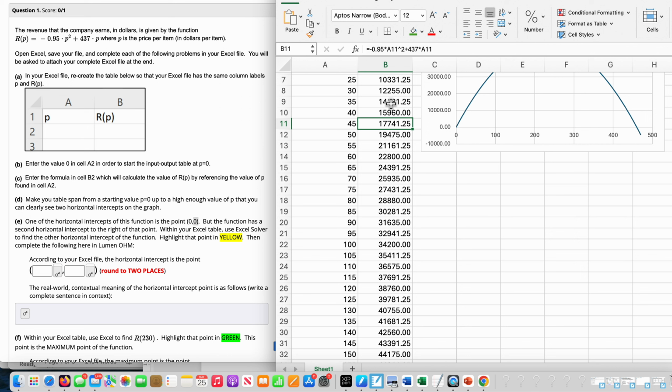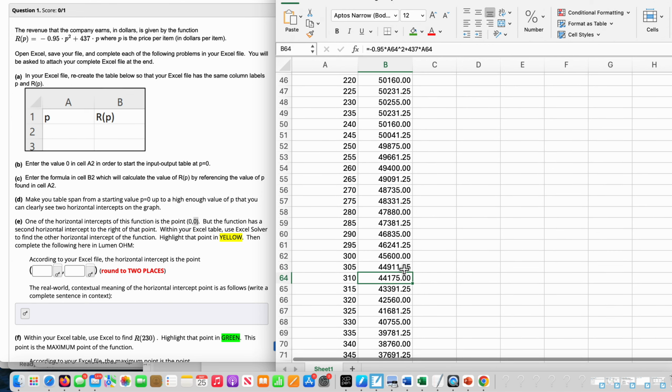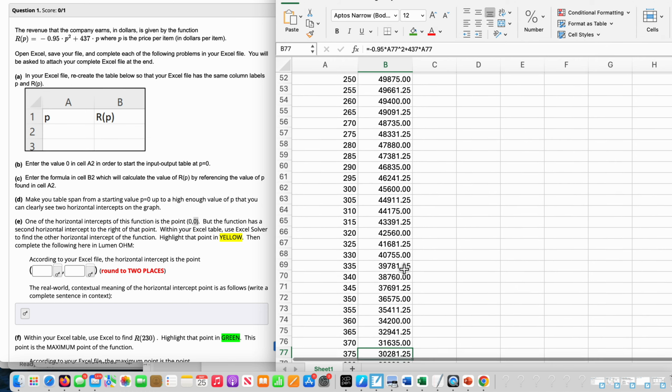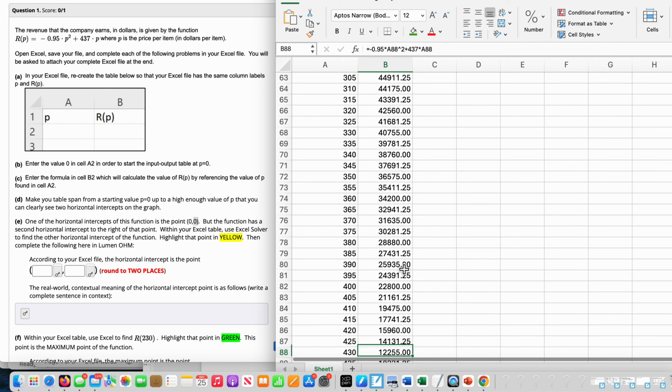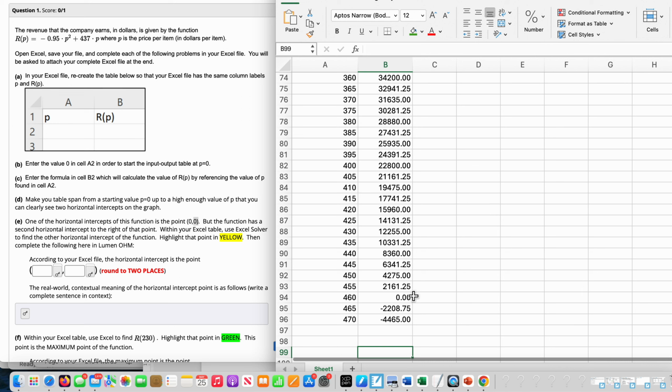So I want to find somewhere I can see that my output is positive, and then it goes 0 at the horizontal intercept, and then negative. So I want to sort of scan down near past 400, and you can see my revenue is getting smaller and smaller and smaller, and then actually in my problem, it is equal to exactly 0.